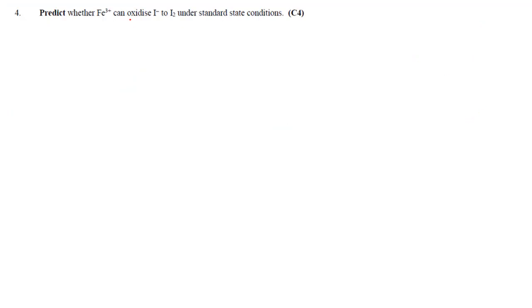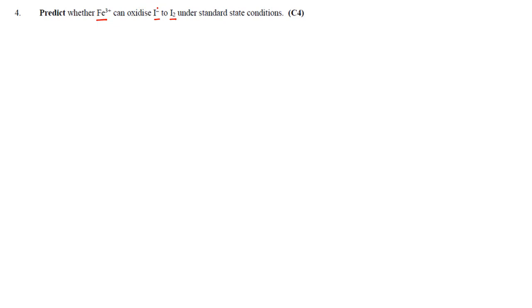Next dia tanya, predict whether Fe3 plus can oxidize I minus to I2 under standard condition. So dia tanyalah whether Fe3 plus ni can oxidize I minus to I2 tak under standard condition.